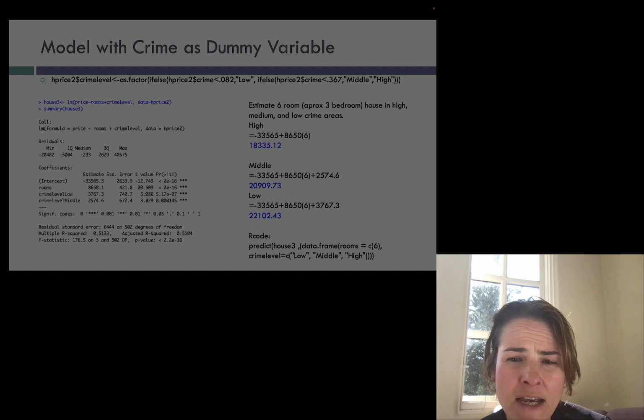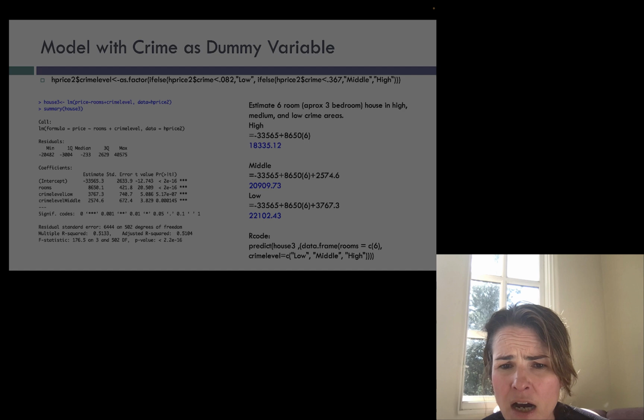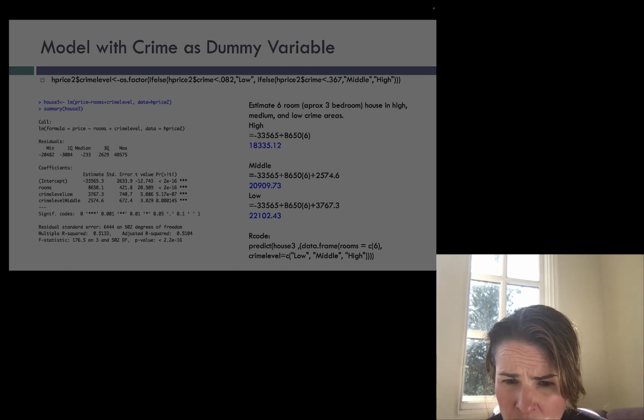So let's say we want to estimate a 6-room or 3-bedroom house in high, medium, and low crime areas, right? So if we had an area where houses were on average about 6 rooms, if it had high crime, the house price would be about $18,000. If we had medium crime, it would be about $21,000, and if we had low crime, about $22,000.